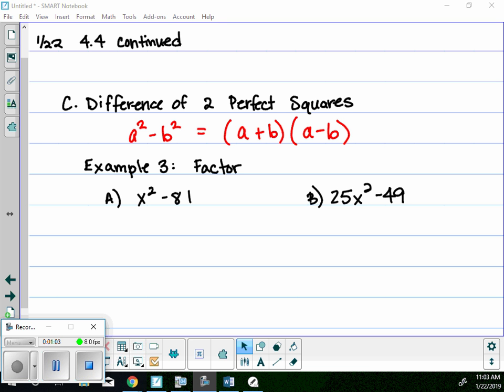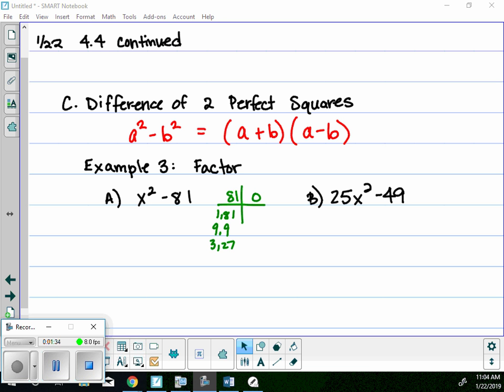we can still factor this the way we talked about yesterday. Our number is 81 that we need to multiply to, and we want to add, because there are 0 x's in this problem, we would add to 0. So things that multiply to 81 are 1 and 81, 9 and 9, 3 and 27.